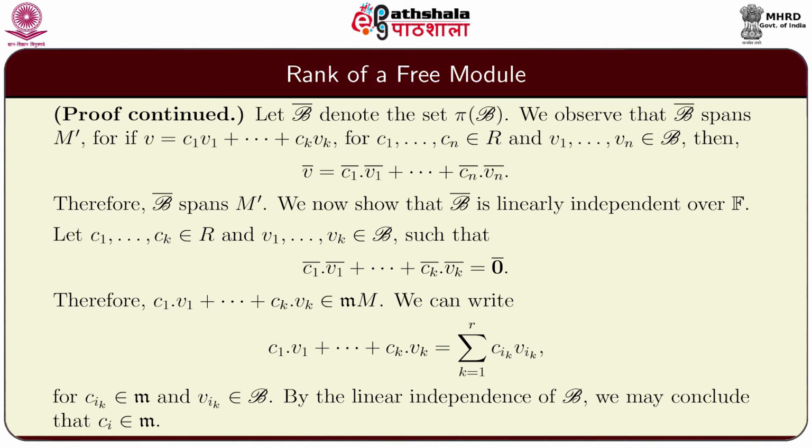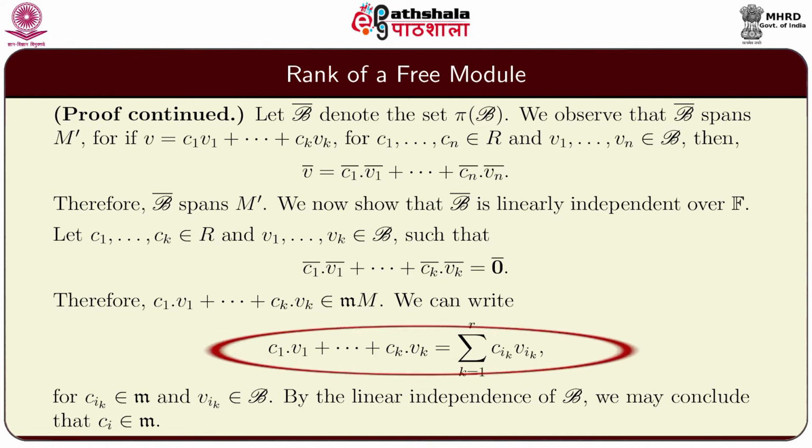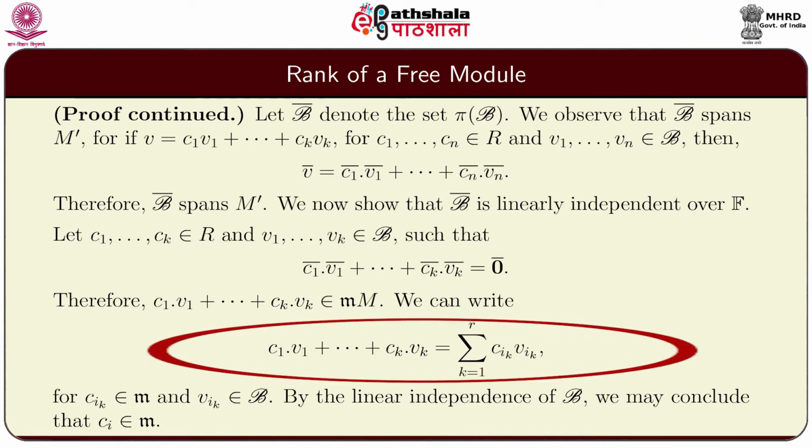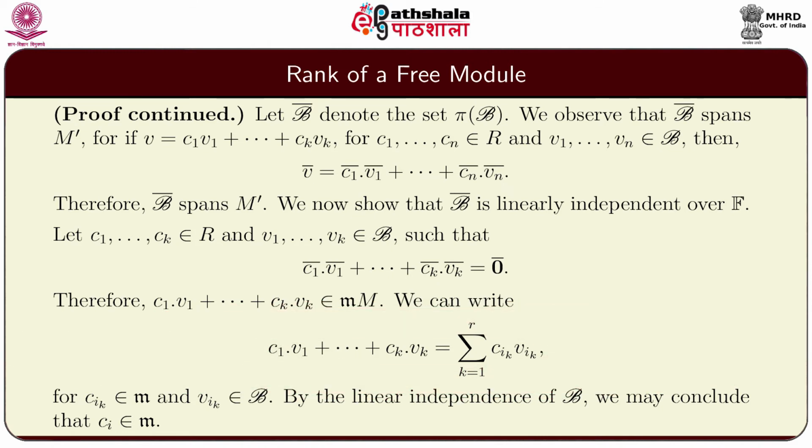Therefore, C1 dot V1 plus etc. Ck dot Vk belongs to the submodule MM, and therefore we can write this linear combination C1 dot V1 plus etc. plus Ck dot Vk as summation k is equal to 1 to R Cik Vik, where Ciks are elements in the maximal ideal M and Viks are elements in the basis B.